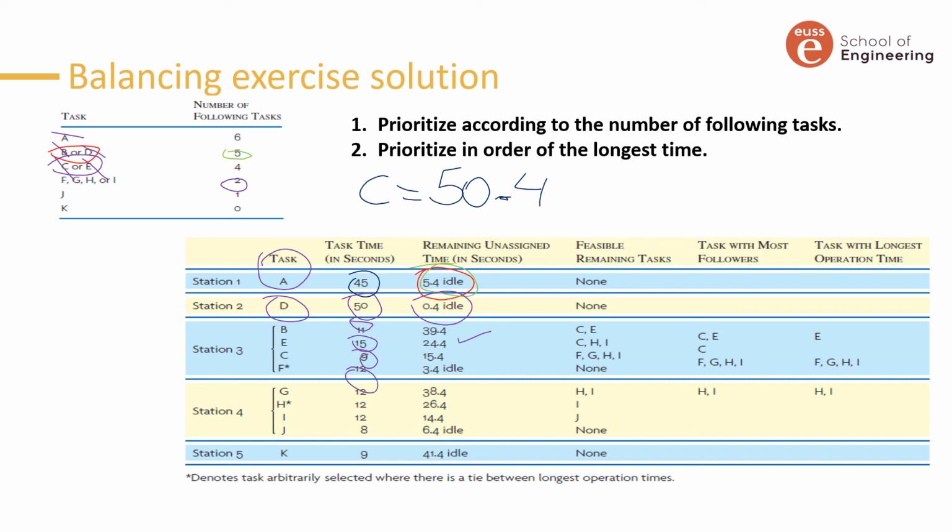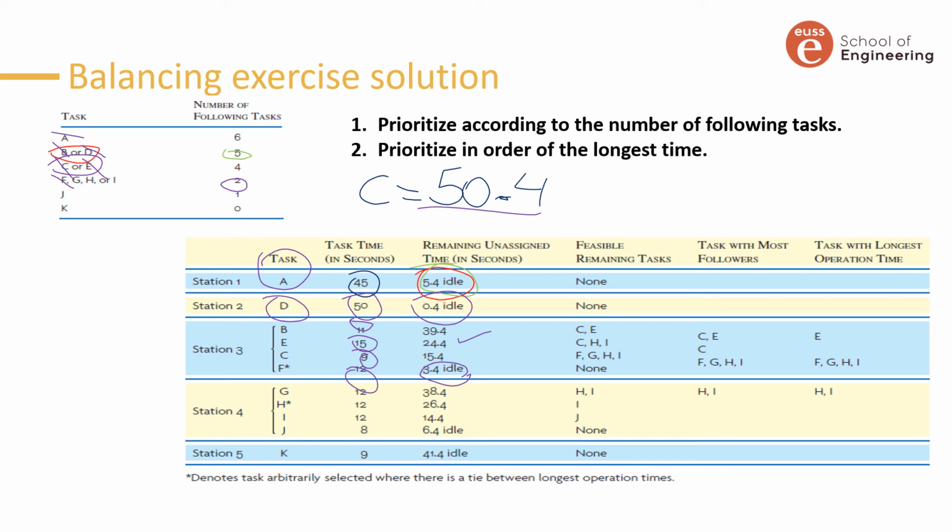So by assigning F, it remains for us 3.4, always in comparison with the cycle time that is 50.4. It remains 3.4. What are the next candidates?